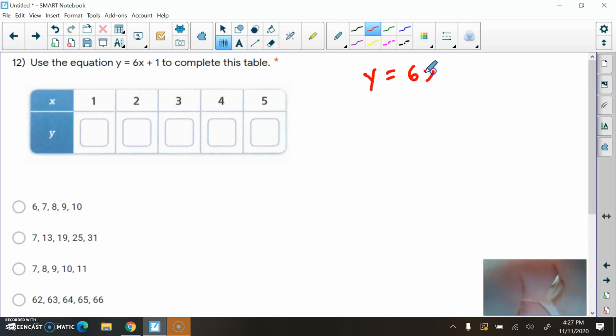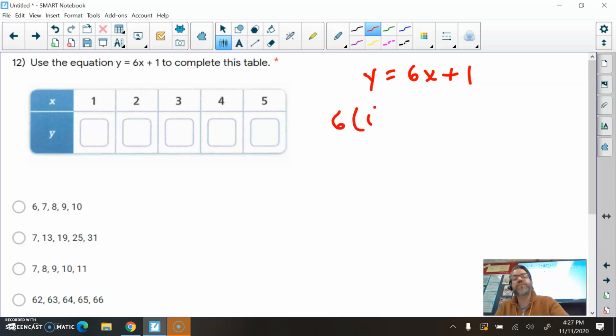to complete the table. So when I have a 1 here, I'm going to substitute that in for x. We have 6 times 1 plus 1. Okay? When x is 2, we're going to take 6 times 2 plus 1.